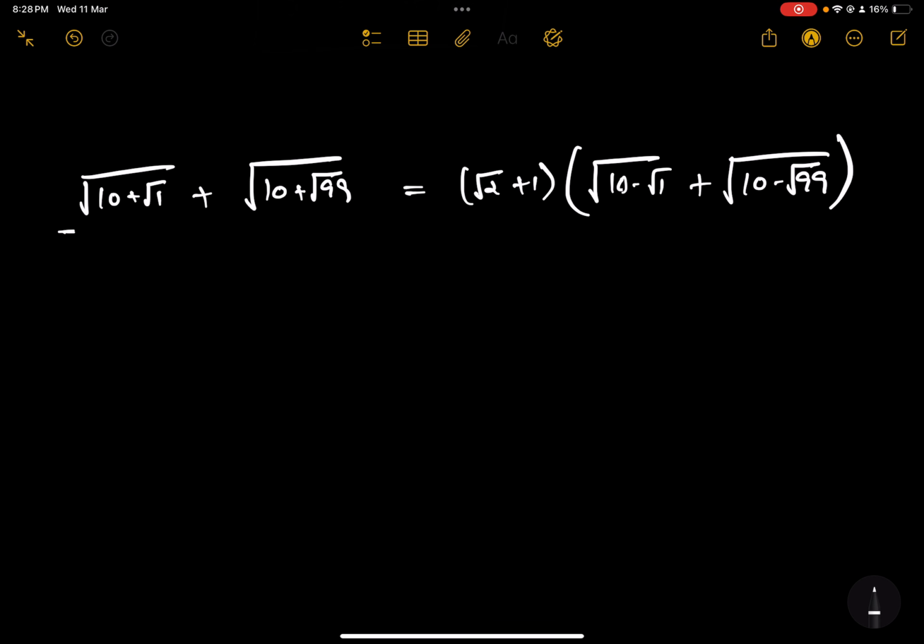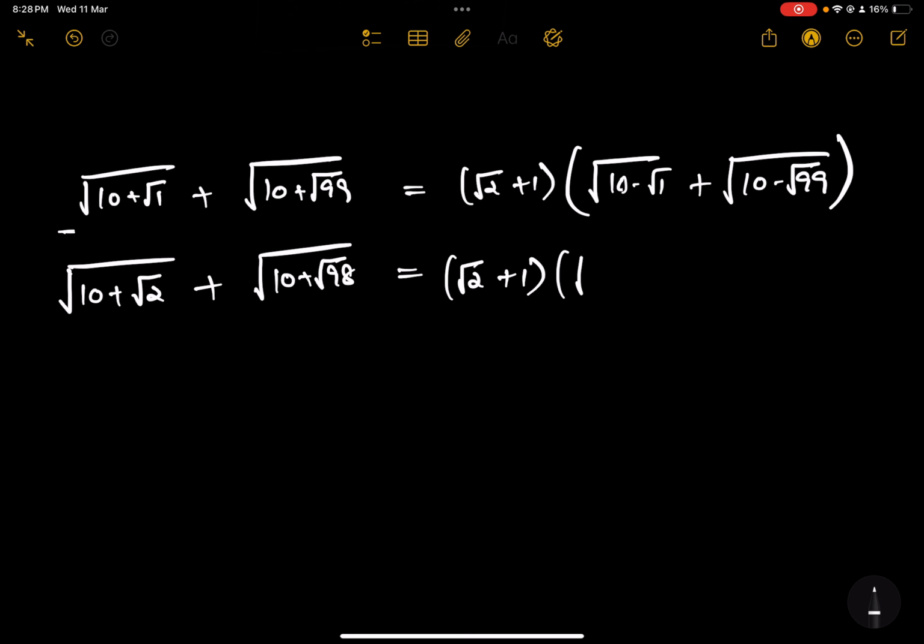This is what we got. Even when you take 10 plus root 2 plus square root of 10 plus root 98, this will also be equals to root 2 plus 1 times square root of 10 minus root 1 plus square root of 10 minus root 98. All right.